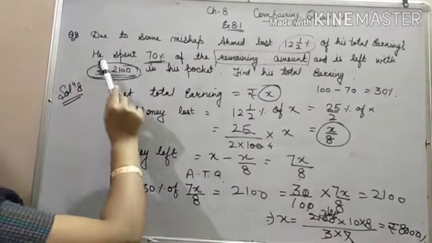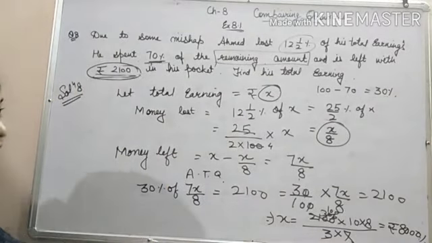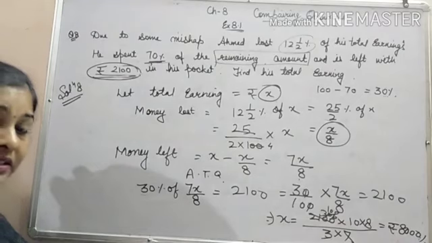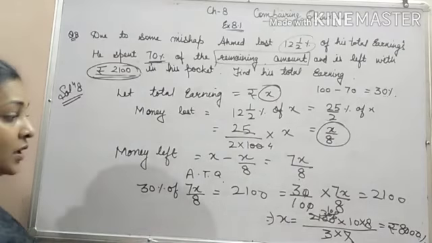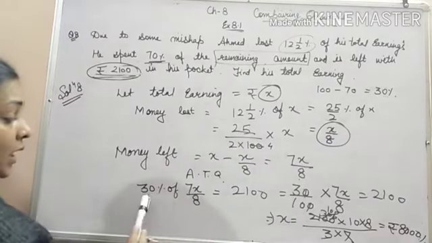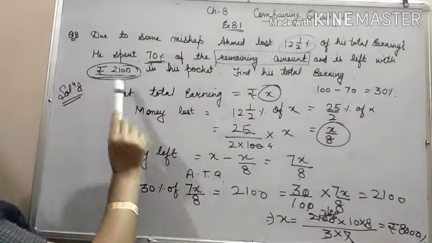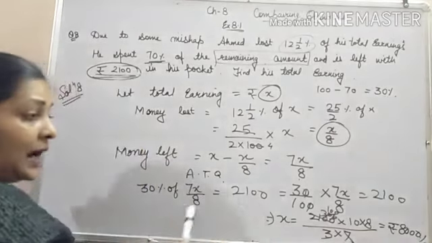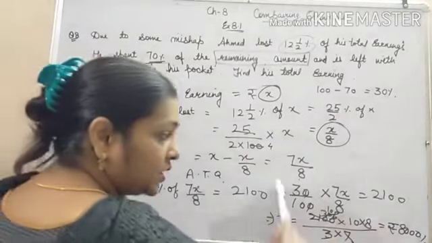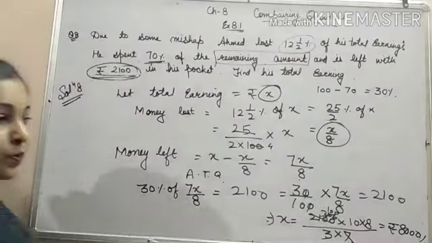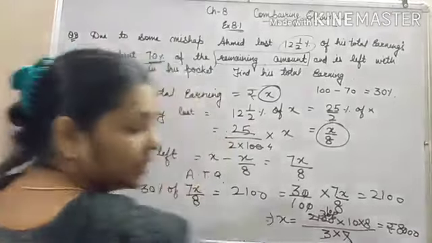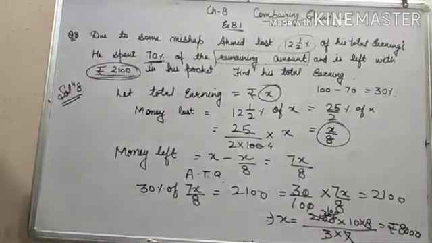Now it is given that he spent 70% of the remaining amount. So how much is left? 30% of the remaining amount. 30% of the remaining amount is given to you as 2100. And after this I solve a linear equation and get the value as rupees 8000. That solves our problem.